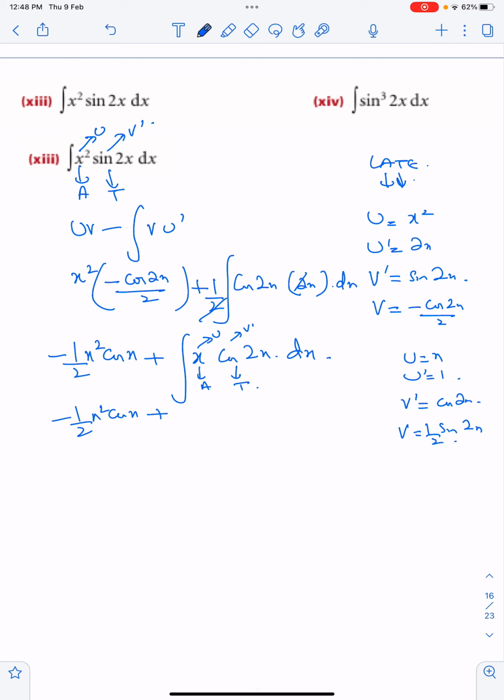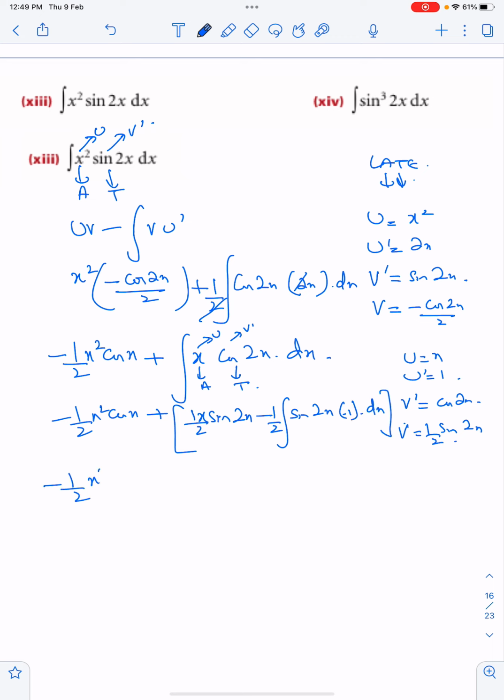So it's going to be the same formula: half of sine 2x into u, which is x, minus integration of v, which is half sine of 2x, into u dash, which is 1, dx.